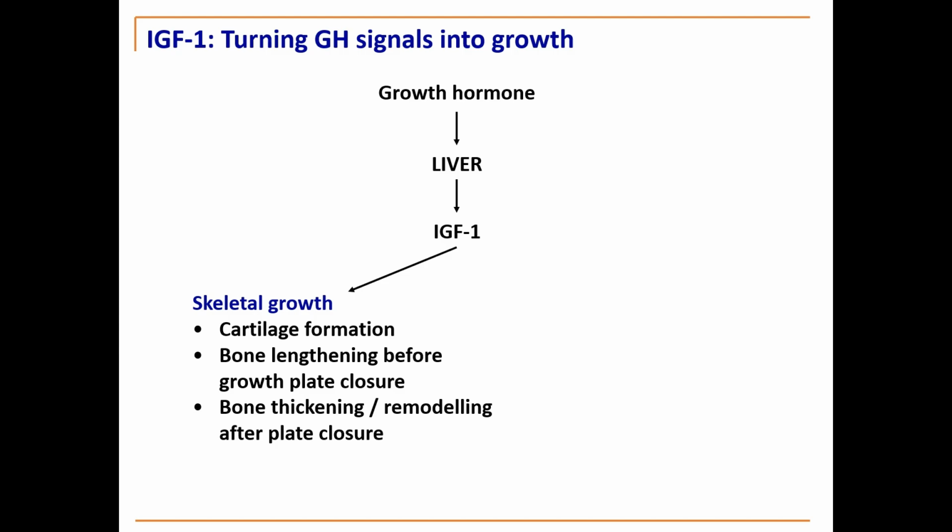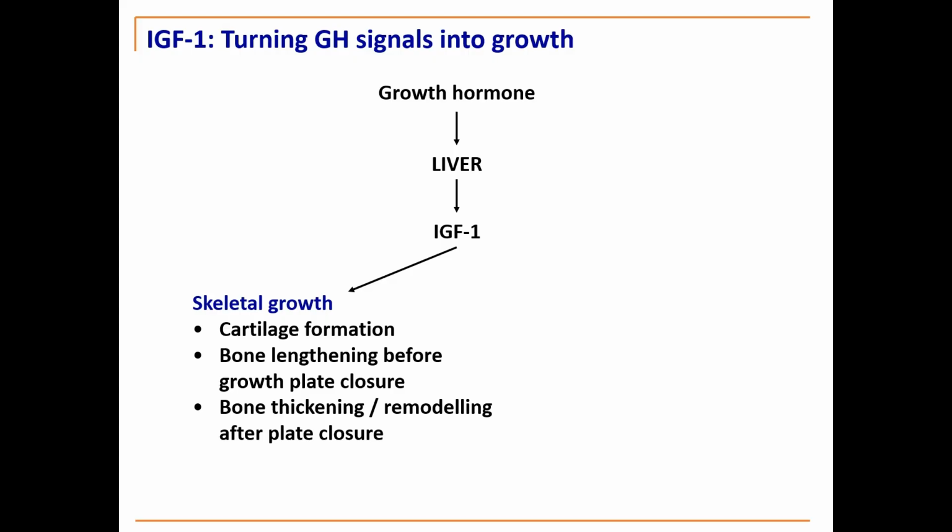And that is a key distinction in understanding the difference between gigantism and acromegaly, two conditions, both of which have an excess in growth hormone, but are happening before and after closure of the growth plate.